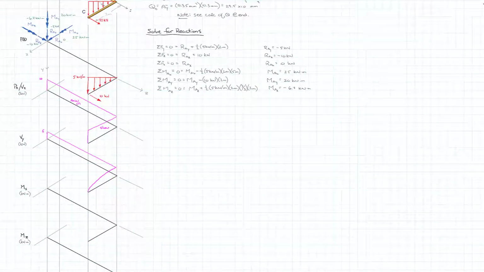So now we start on our moments. And so the moment about the x direction, we have a positive 25 kilonewtons for our reaction, and that's going to cause a negative 25 kilonewton meters on our positive face if we did our method of sections. So I'm going to just draw this down here, and we'll start at minus 25.